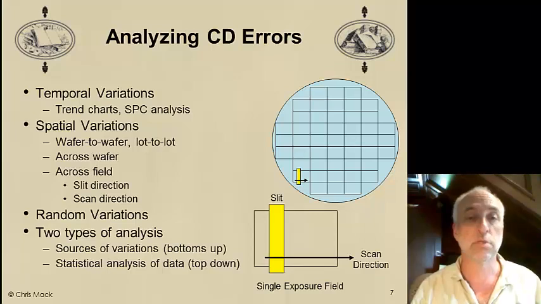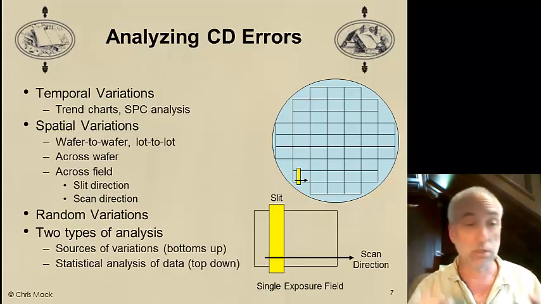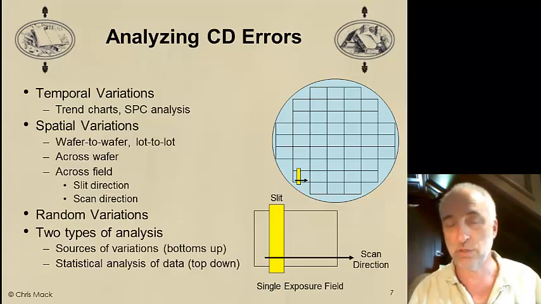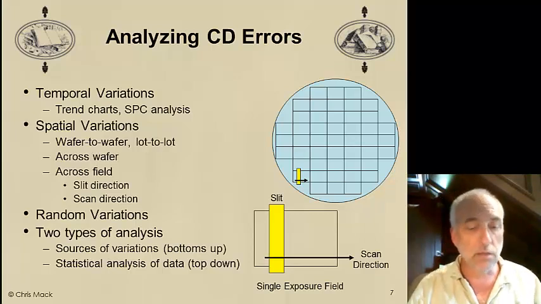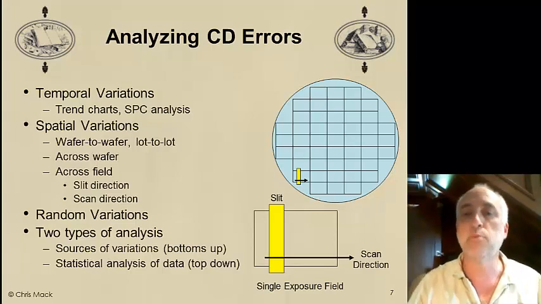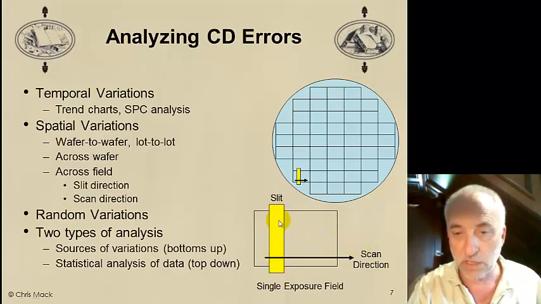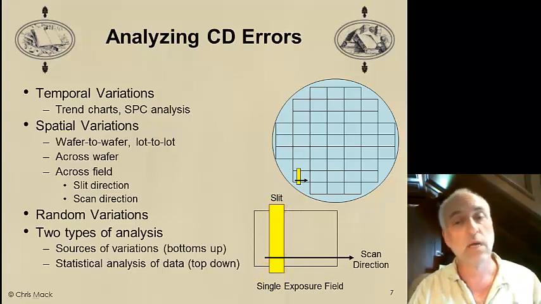I measure the deposition rate variation in a spin coater or in a CVD deposition furnace. And I look for the sources of variation, the variations in the inputs. In terms of lithography, I might look at variation of the intensity of light across the slit. Maybe I don't get exactly the same intensity of light at one corner of the slit compared to the other. That would be a bottoms-up source of variation.